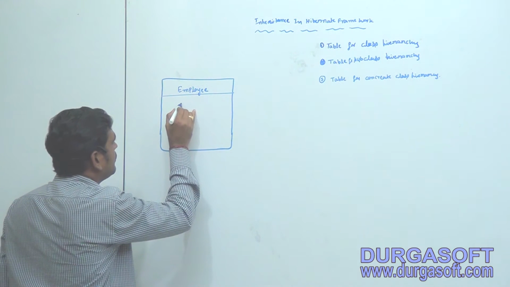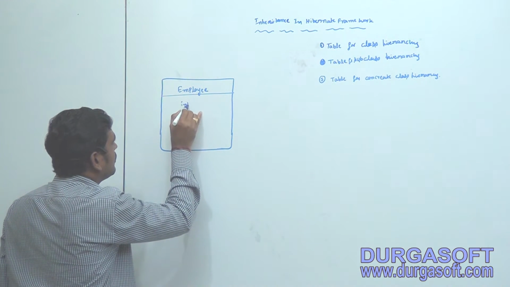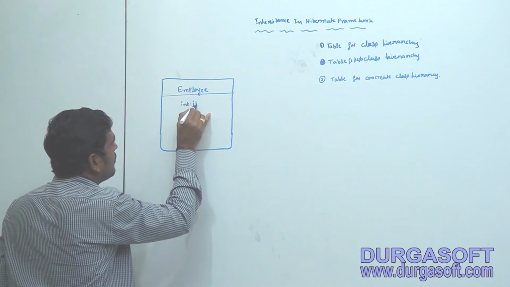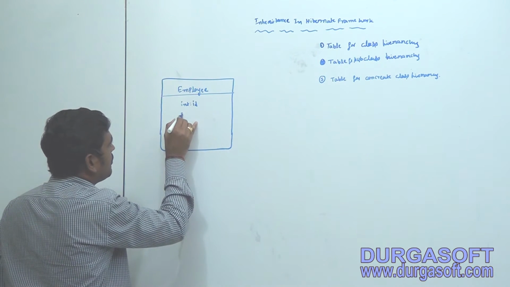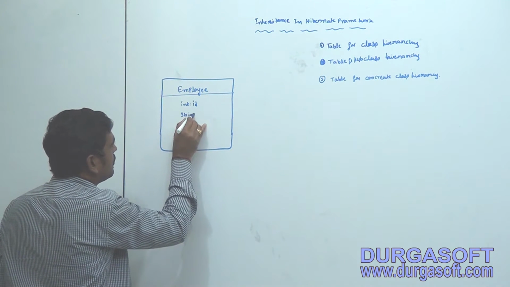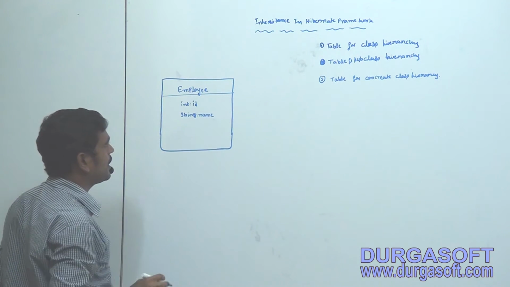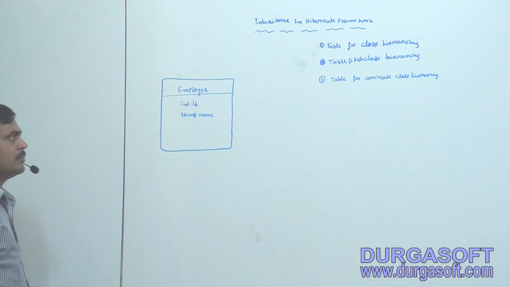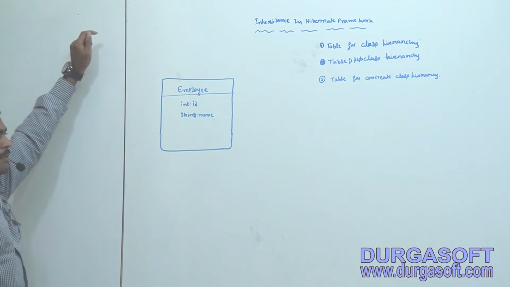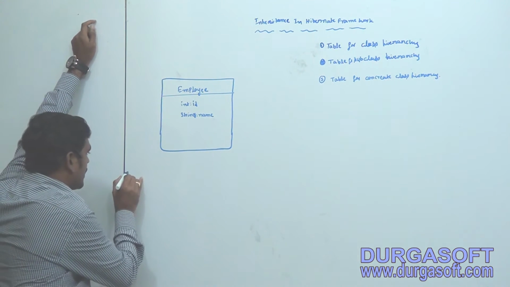Number one, int ID. Number two, String name.